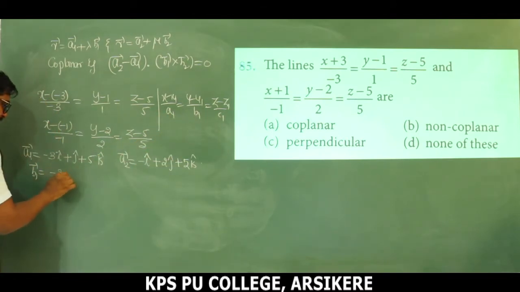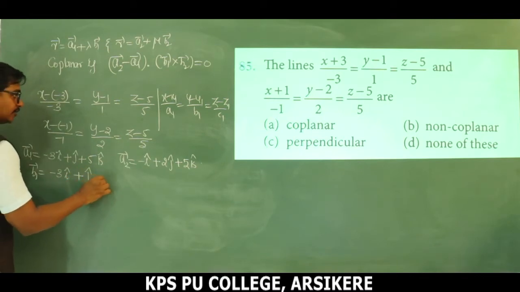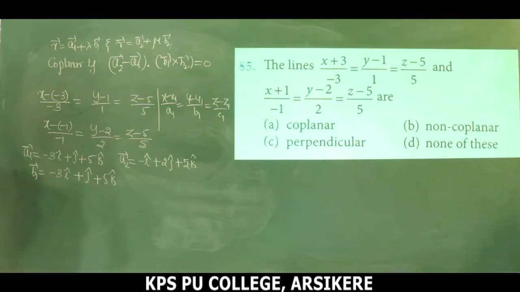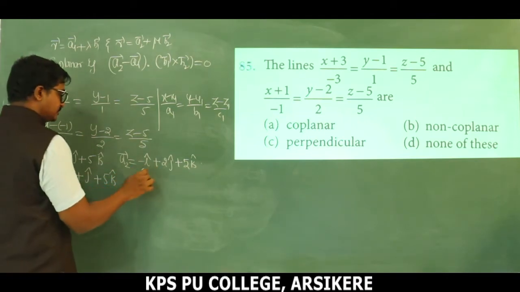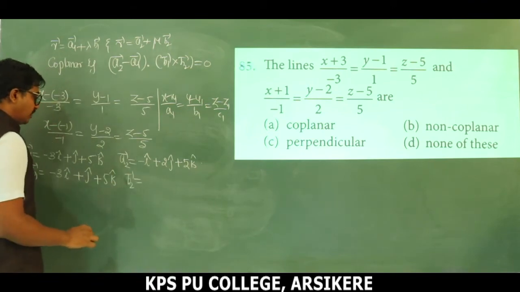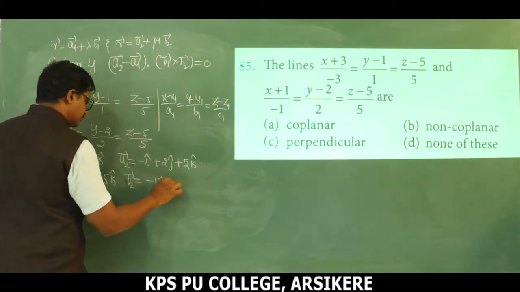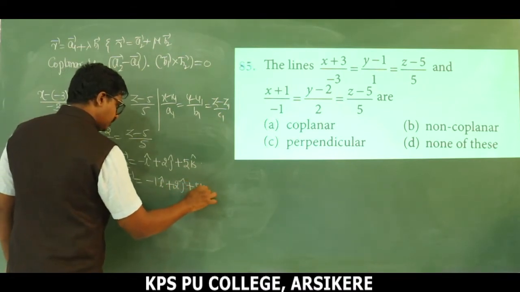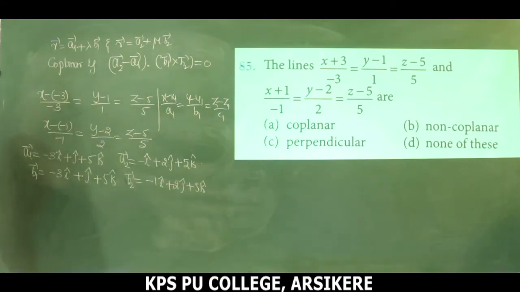This is minus 3 into i cap plus j cap plus 5 into k cap. And the next one, b2 is equal to minus 1 into i cap plus 2 into j cap plus 5 into k cap. This is the thing, right?